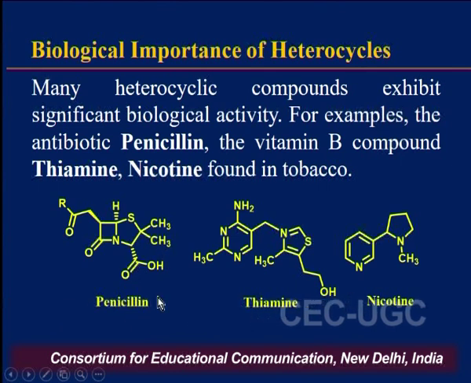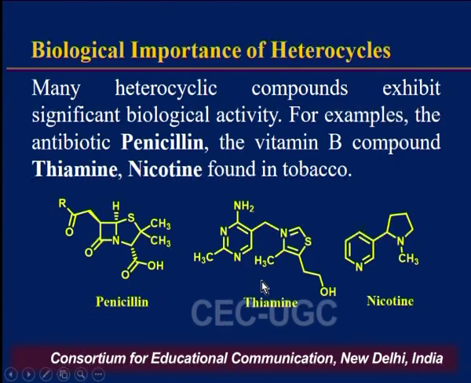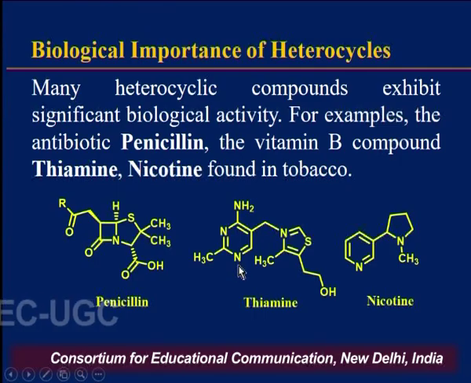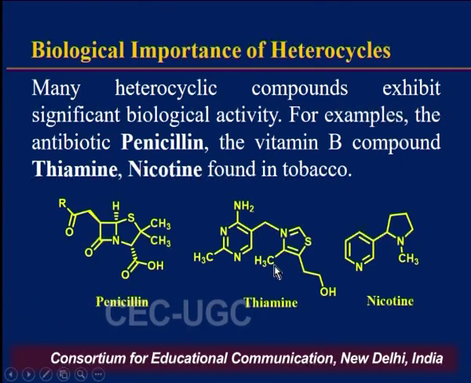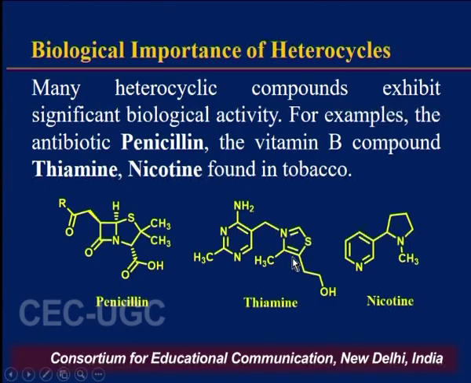The second example in the medical field is vitamin B, that is thiamine. The thiamine molecule is made of 2 heterocyclic rings. In one ring there are 2 nitrogen atoms, we call it pyrimidine, and in another heterocyclic ring there are nitrogen and sulfur as the heteroatoms, and we call it thiazole.